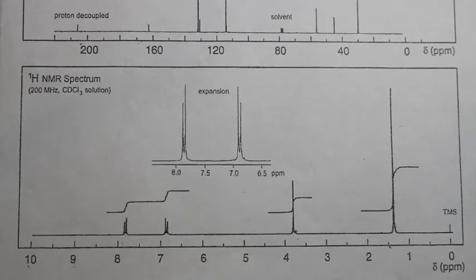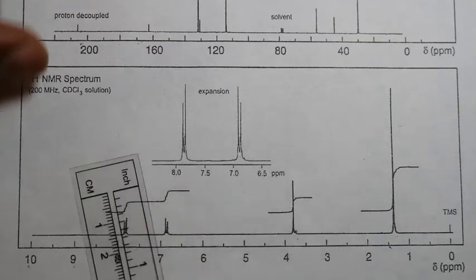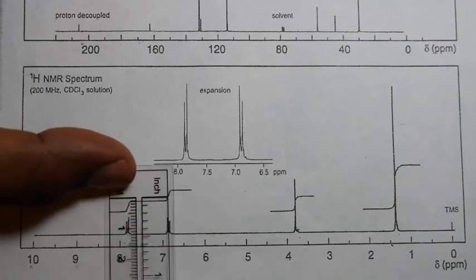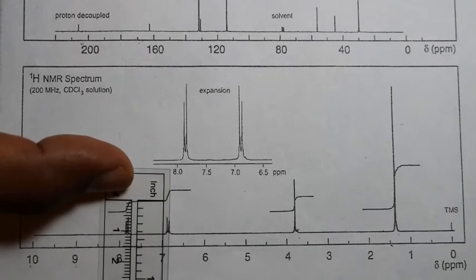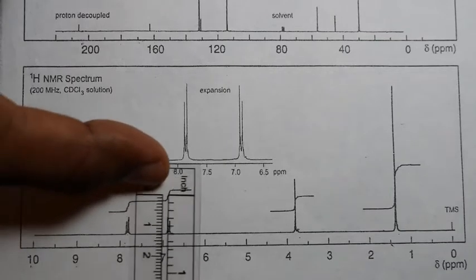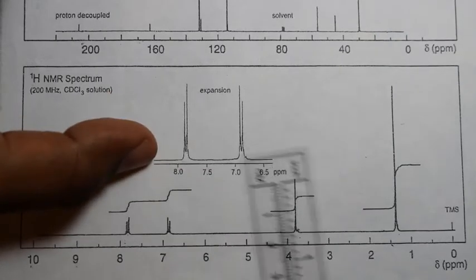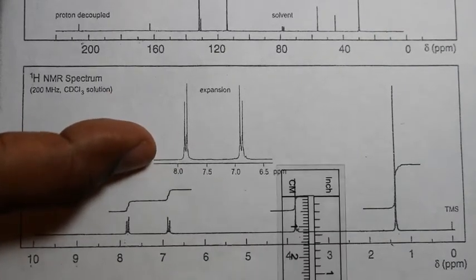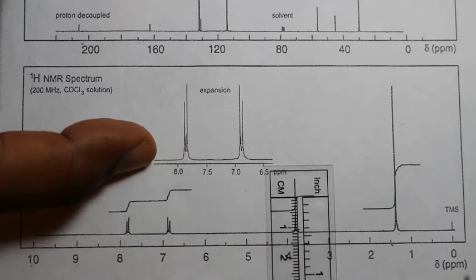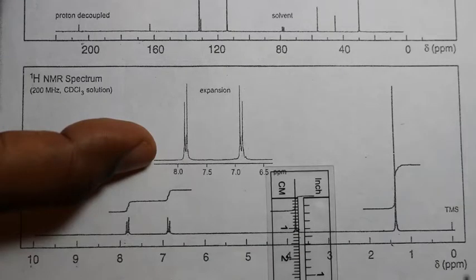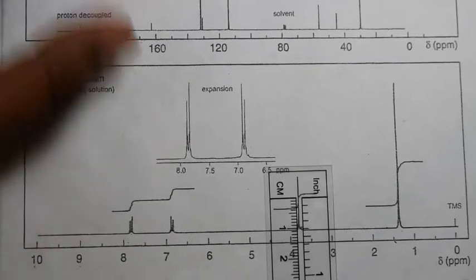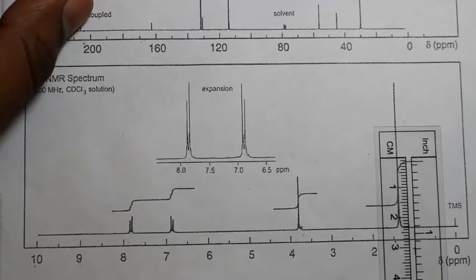For that you need a ruler. Now I'm going to measure the distances here. So the first peak is 0.3 and the second peak is 0.3. And this peak is 0.45.